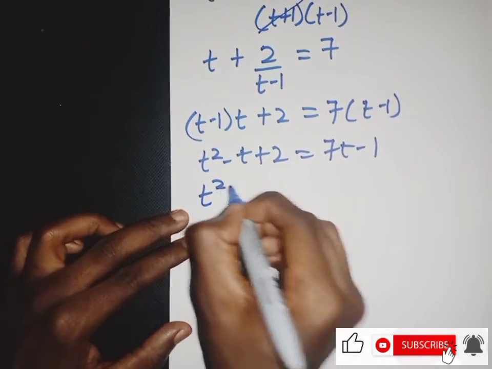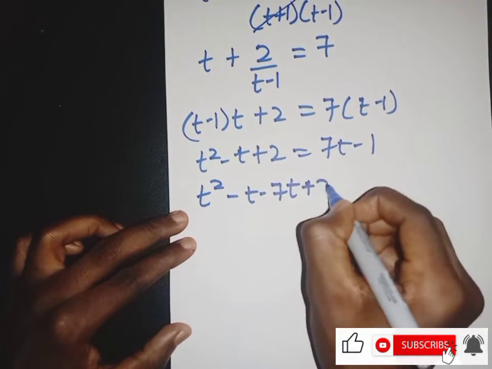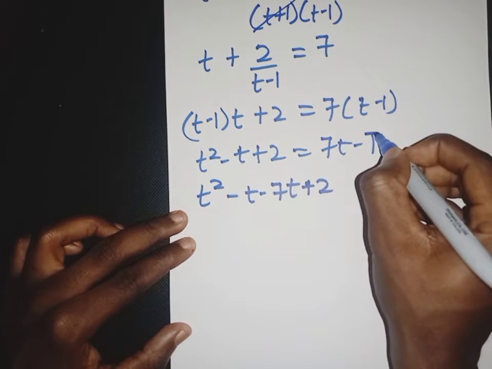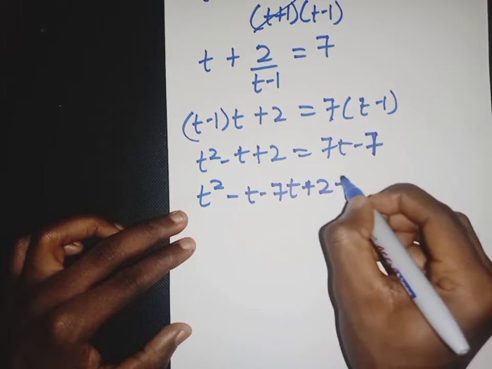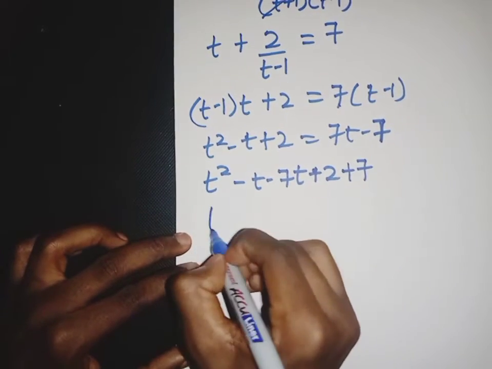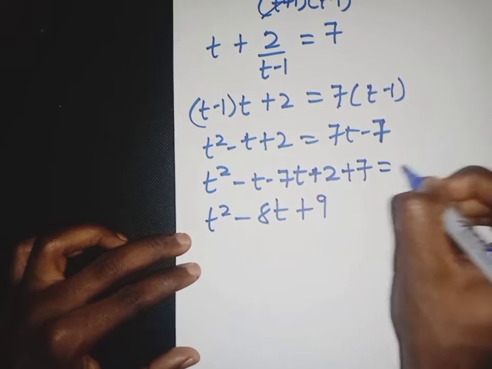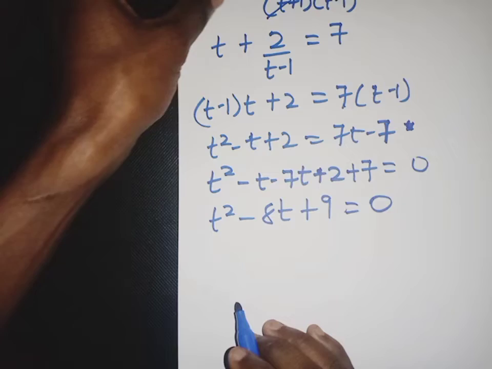Grouping items, we have t squared minus t minus 7t, then plus 2 plus 7, which is positive 9. So we have t squared minus 8t plus 9, remember, equal to 0. So this is what we have.